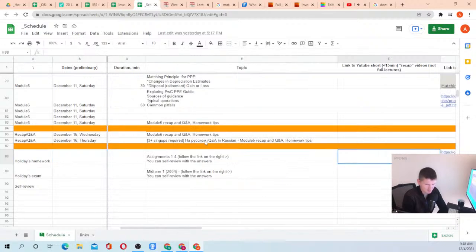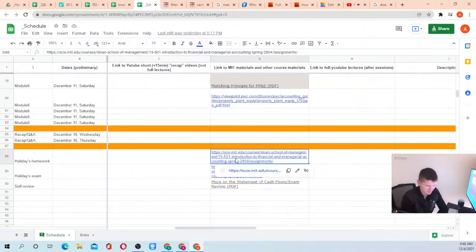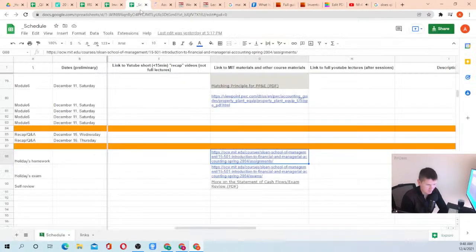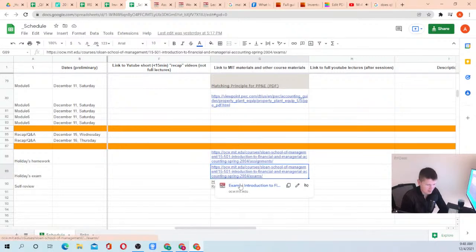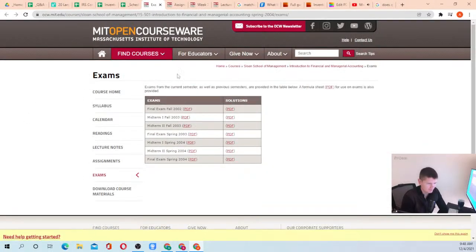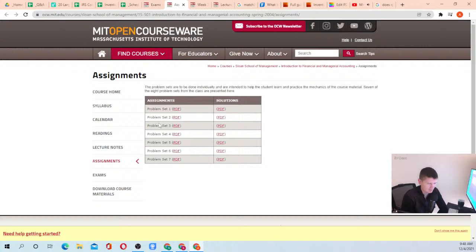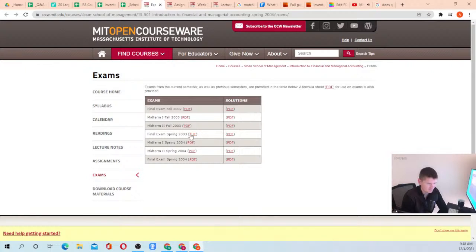We will basically do assignments and exams from MIT. So MIT has some problem sets. We will cover everything up to 4th problem set, and we will cover midterm 1 exam for that part.